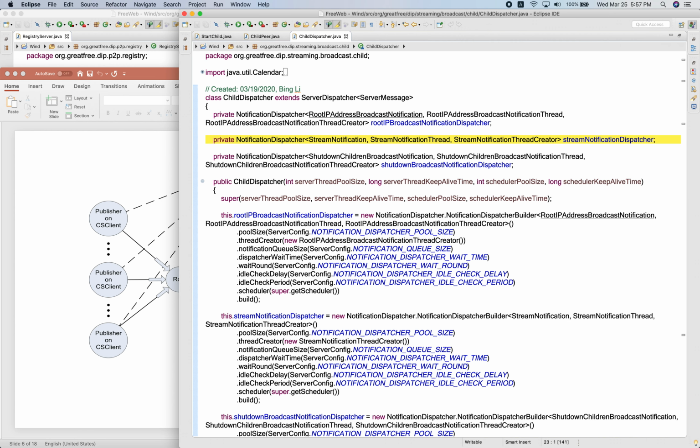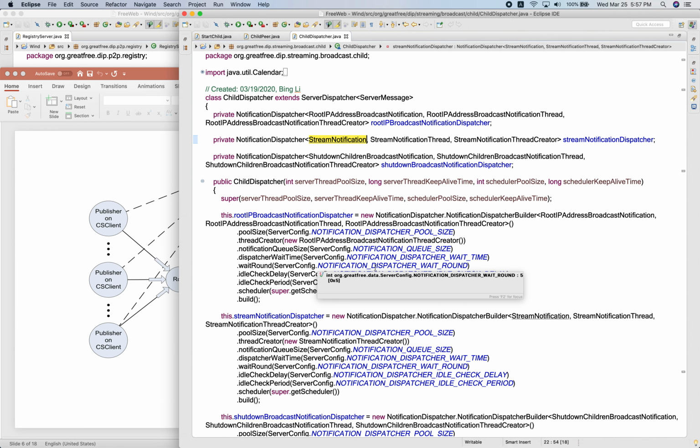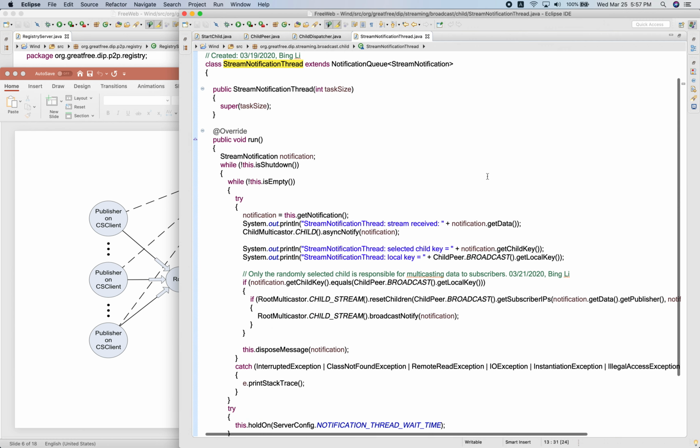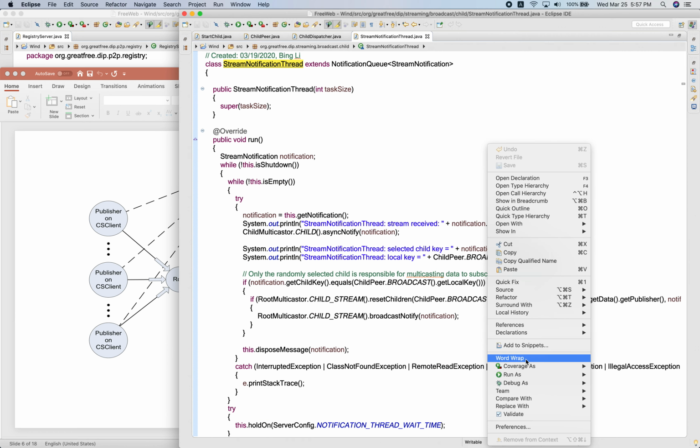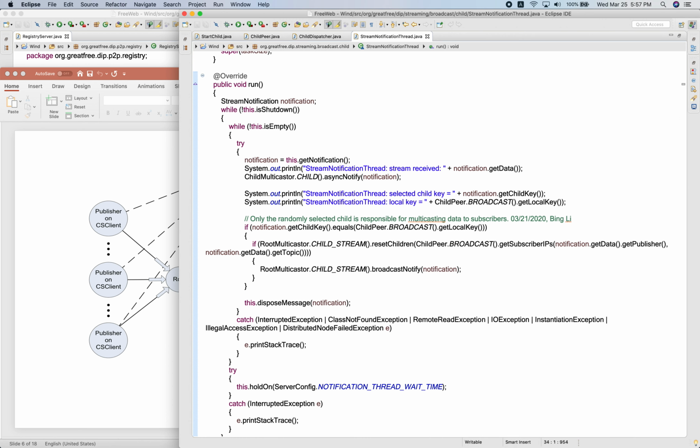Stream notification. We saw such a message before. This one should be transmitted from the root. So after this one is received, the child needs to first forward.